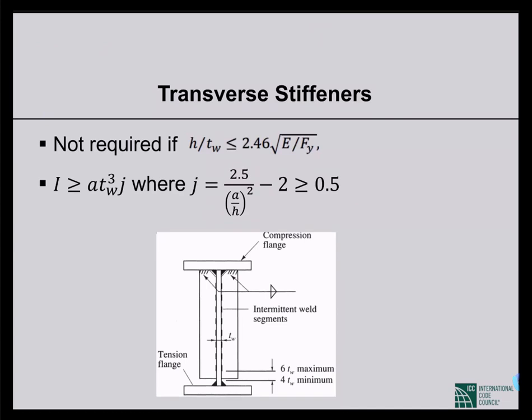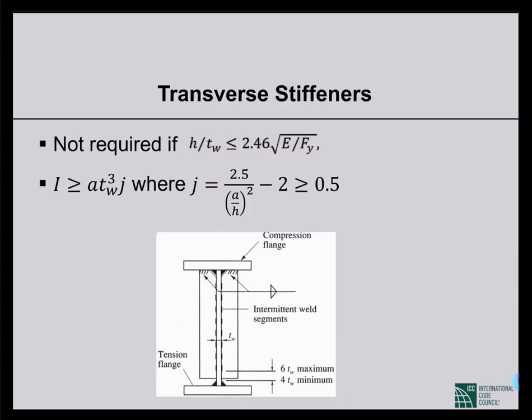So in the BNBC, there are some requirements for transverse stiffeners. If our beam section is such that the h by tw ratio, the web slenderness ratio, that is the width-thickness ratio, is less than this limiting factor, then we don't actually need transverse stiffeners.